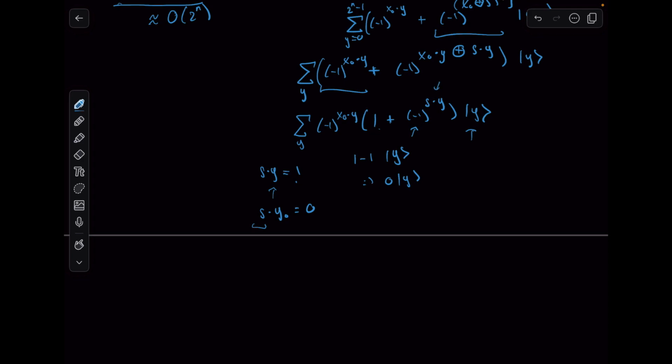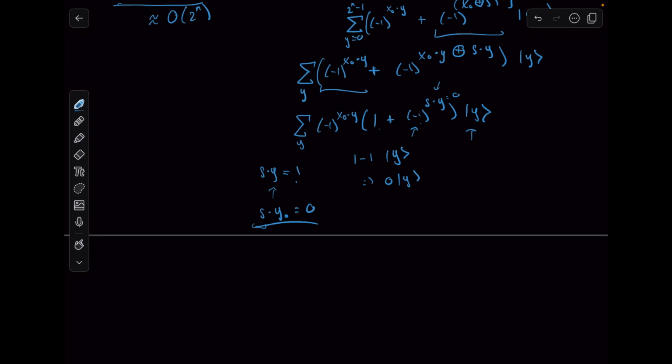And if this thing here is equal to 0, then this just becomes 1, and we get an actual positive amplitude here, or an amplitude that's non-zero. So all the things that we could possibly measure in the input register are going to have this property: the fact that s, our hidden bit string, inner product with that measured value is equal to 0.